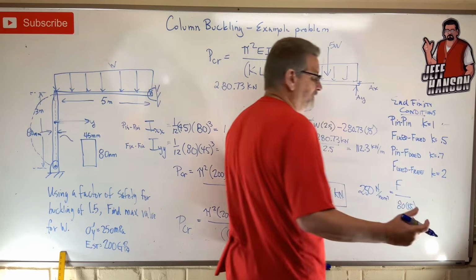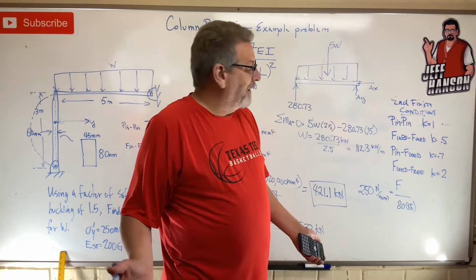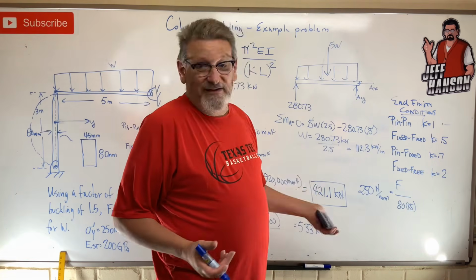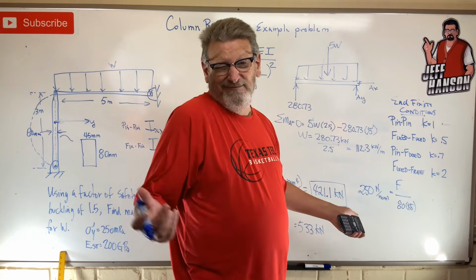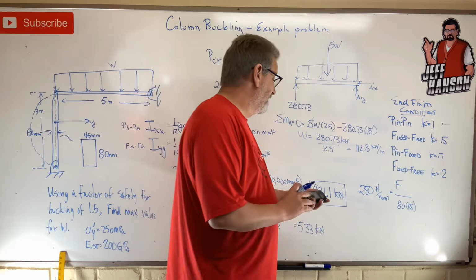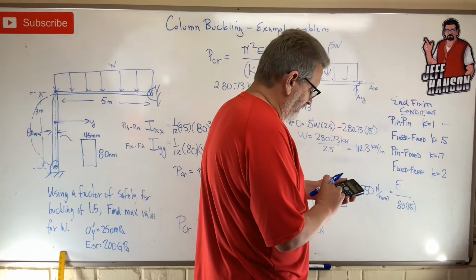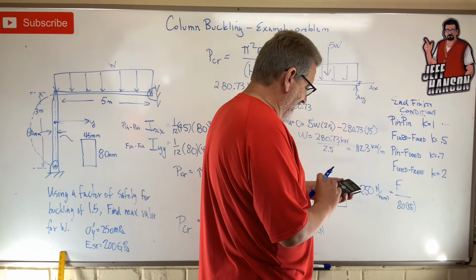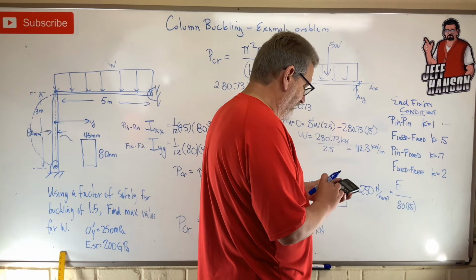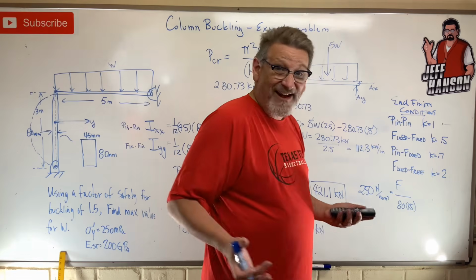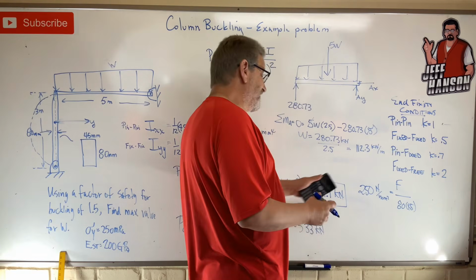And to be honest with you, I don't know that I've ever worked one of these problems where it actually failed this way before buckling. But we check it anyway, right? So the force has got to be how big? It's going to be 250 times 80 times 45, which is 900,000 newtons, right?